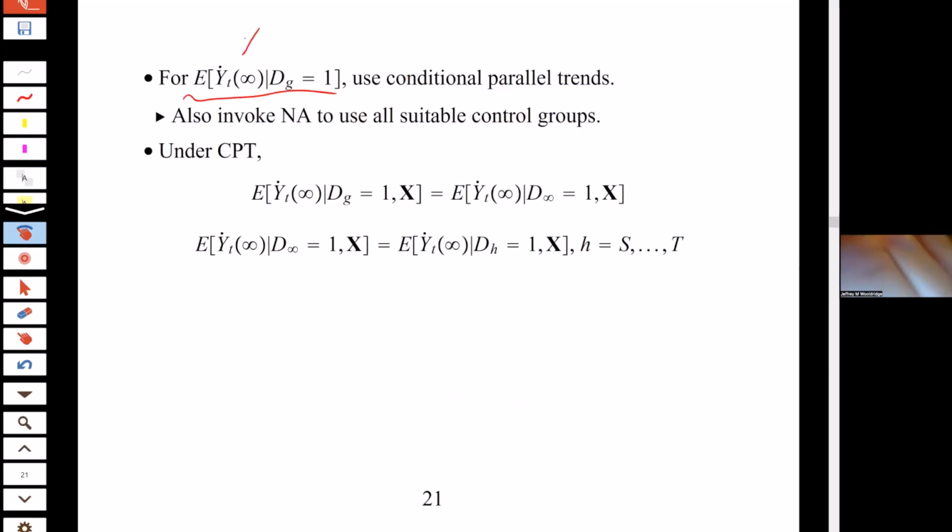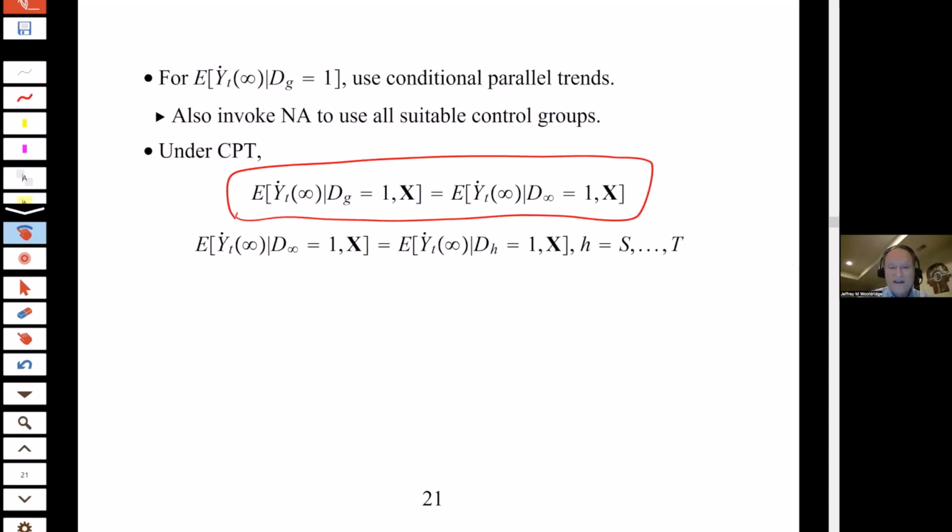So we need to estimate the mean of this transformed potential outcome in the untreated state, and we need to estimate it for the cohort that's first being treated in period G. This is where the conditional parallel trends assumption gets used. I'm not going to go through the algebra since I clearly have limited time, but if you go through the algebra, what you can show is that with parallel trends, once we've conditioned on the x's, conditioning on first being treated in time period G is the same as not being treated at all.